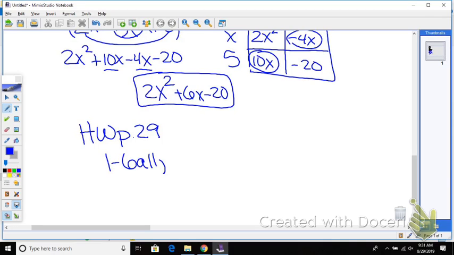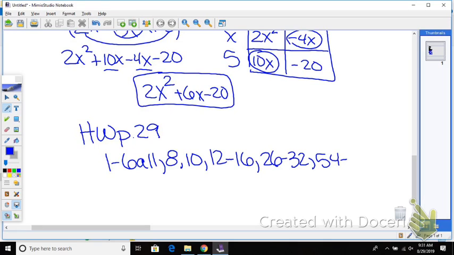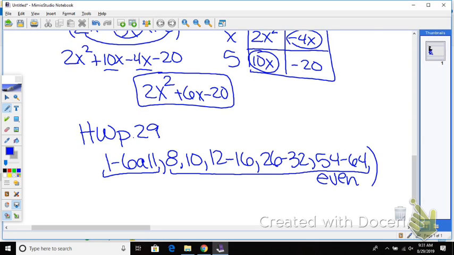Are we going to continue notes on this tomorrow? I've got 2 more examples tomorrow, yeah. This is all even. All of this stuff is even.